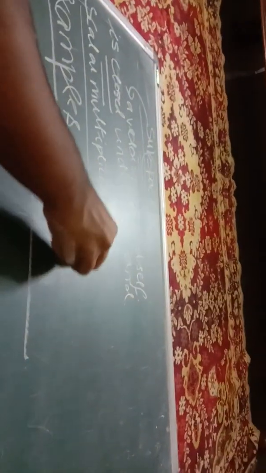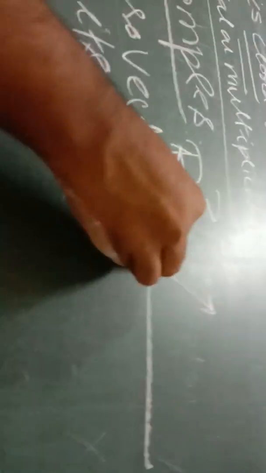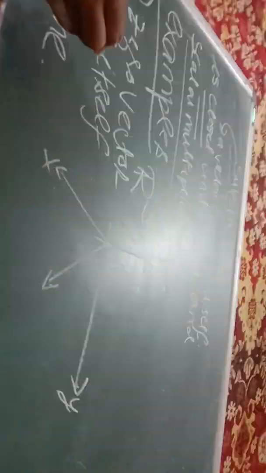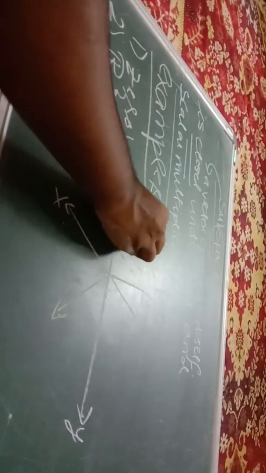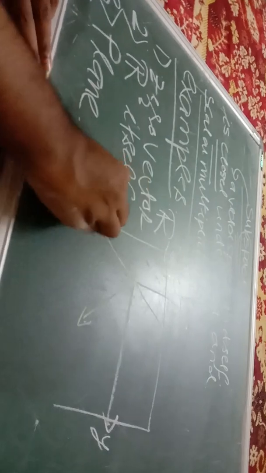Why a plane? Because let's say you have two vectors in the three-dimensional space, x, y, z. If you take their linear combinations, they form a nice plane.